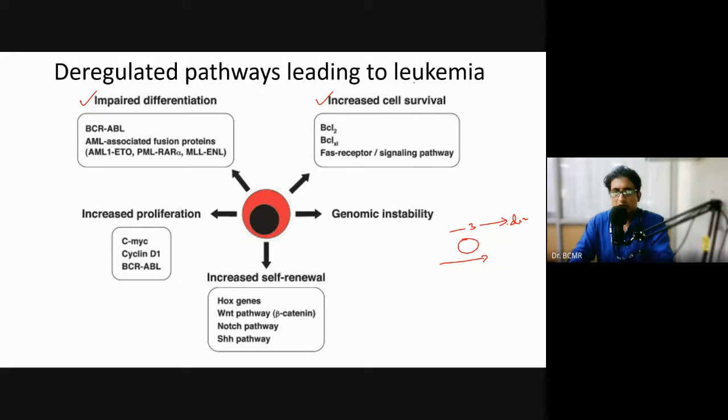So when they are living for too long, that increased survival is one of the problems. Increased self-renewal. These are some of the signaling pathways that we discussed. Increased proliferation and genomic instability. All these could cause or be involved in the formation of leukemia. One of the things that we will discuss is a little bit about this.